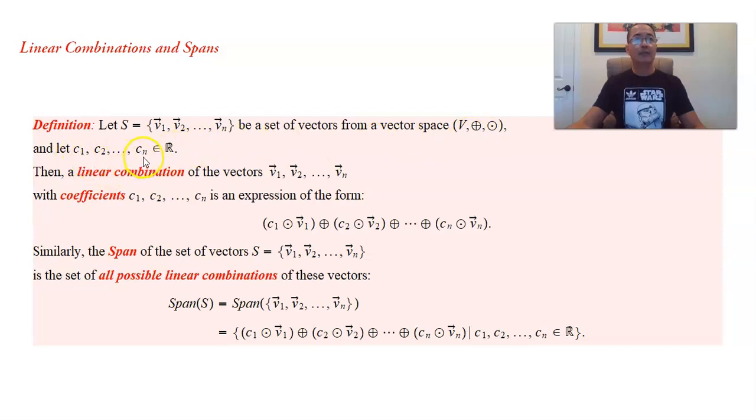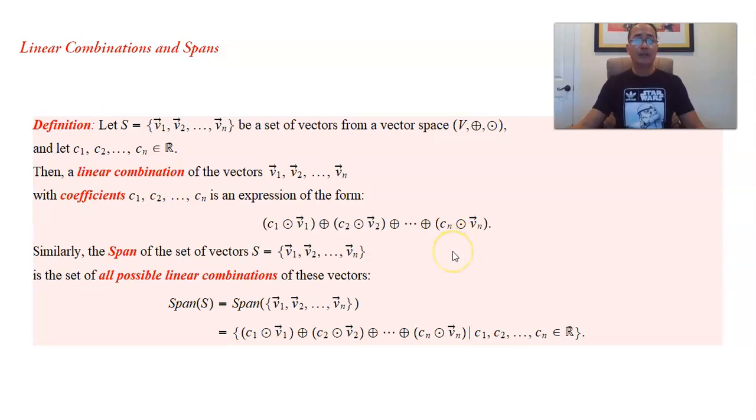And suppose that C1 through Cn are real numbers. So a linear combination of these vectors, V1 through Vn, with coefficients C1 through Cn, is an expression of the form C1 times V1 plus C2 times V2 all the way up to Cn times Vn.